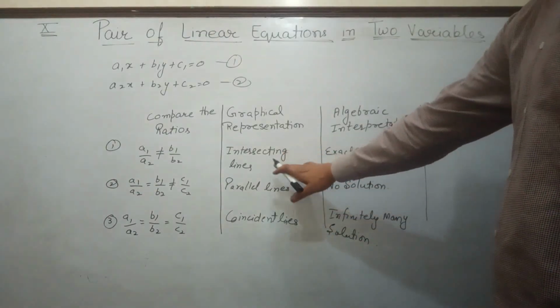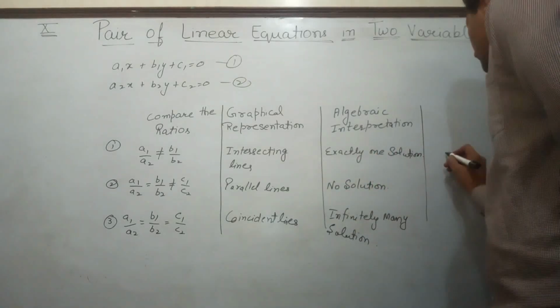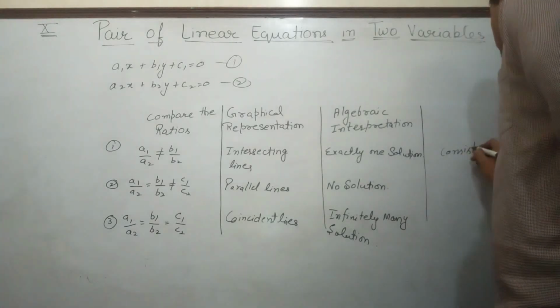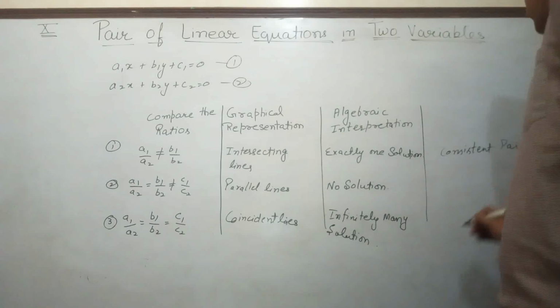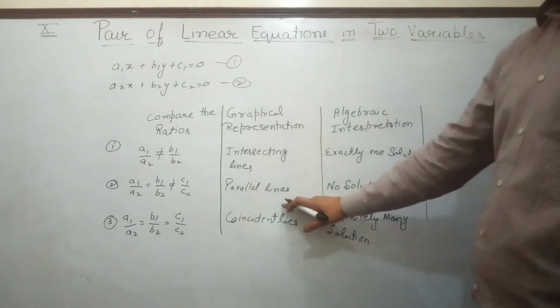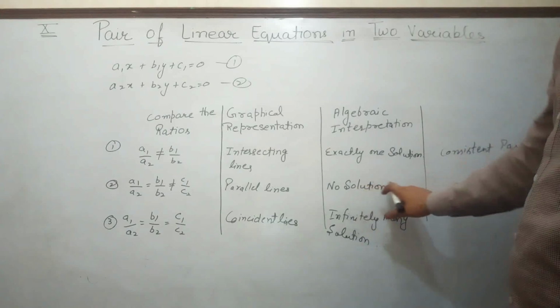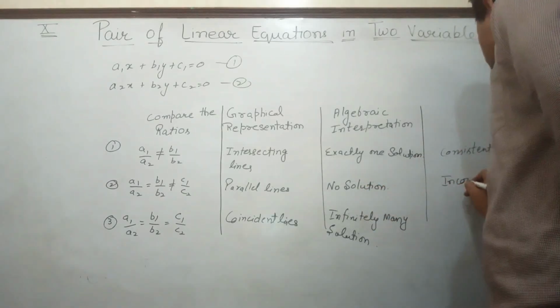We have intersecting lines, exactly one solution. It means this pair is consistent. If both the lines are parallel, they'll never intersect each other at any point. We have no solution. It is inconsistent.